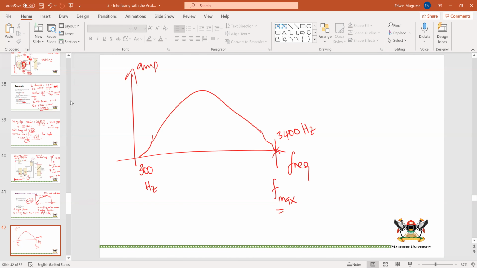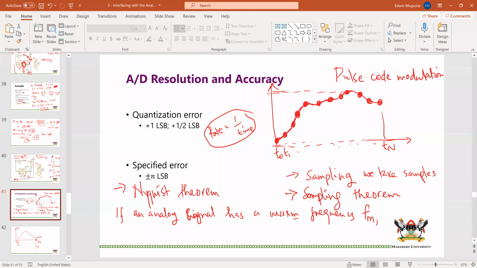So this is the maximum frequency I'm referring to in this theorem: if an analog signal has a maximum frequency FM, the sampling rate Fs should be greater or equal to twice the maximum frequency of the signal. In other words, you should sample at a rate that is at least twice the maximum frequency within that signal.